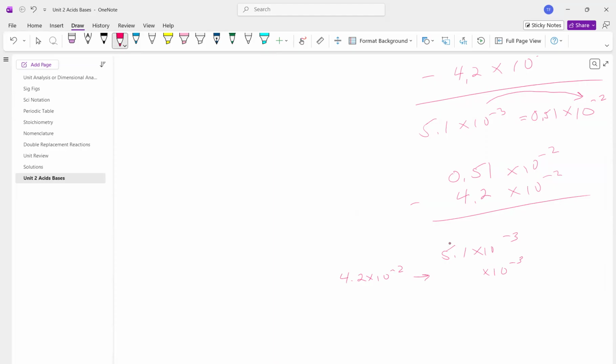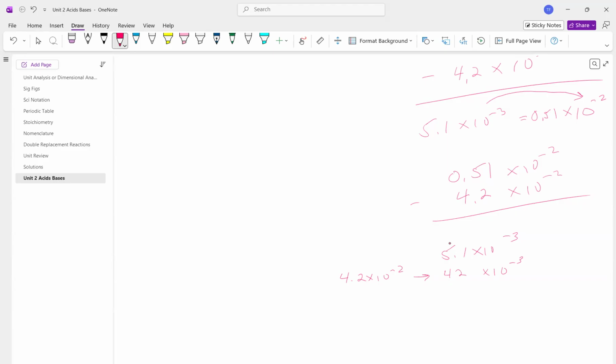Okay, so when we go -2 to -3, are we making it bigger or smaller? We're making it smaller. That means we have to make the 4.2 bigger to compensate by one place. So that means that's 42 times 10 to the -3.